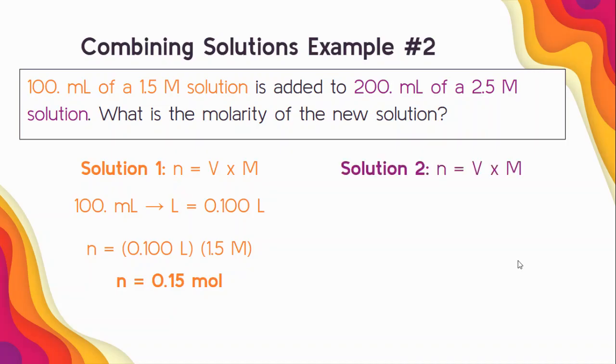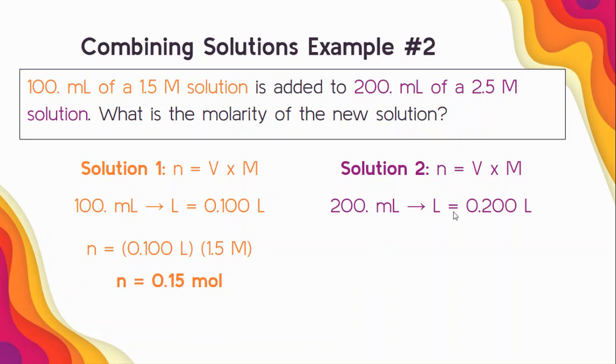For solution 2, we need the same things, number of moles of solute and volume of solution. We have the volume of solution, but we need to find moles. So I need to start by converting the volume from milliliters to liters. 200 milliliters, move the decimal 3 spaces to the left, becomes 0.2 liters.